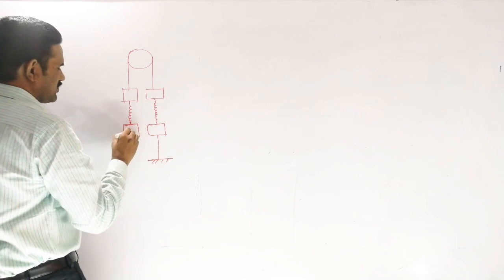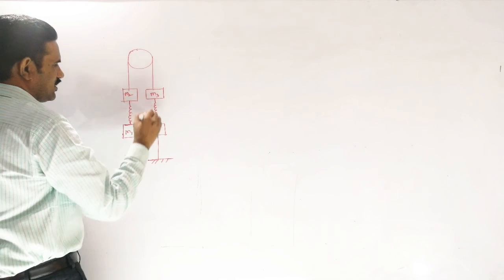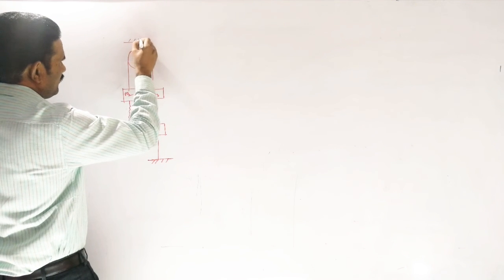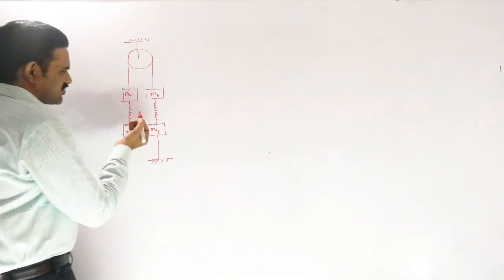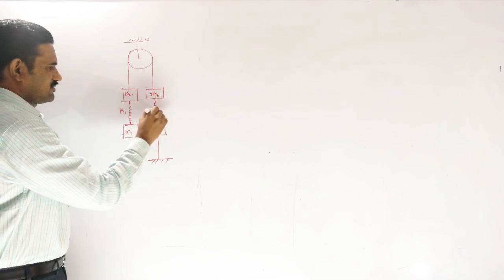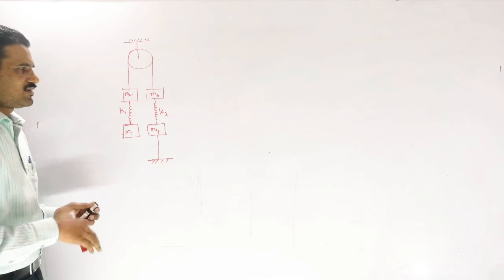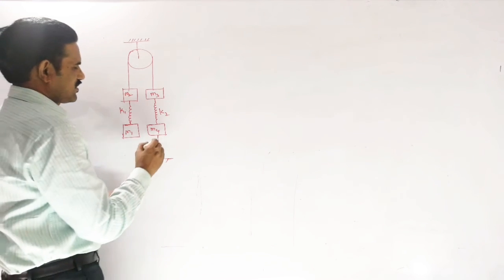Suppose I am taking these blocks as M1, M2, M3, M4, right? And this is a pulley here. The spring constants, you can take some values, K1 and K2 you may consider here. That is not required for us. So I am naming this string AB here.